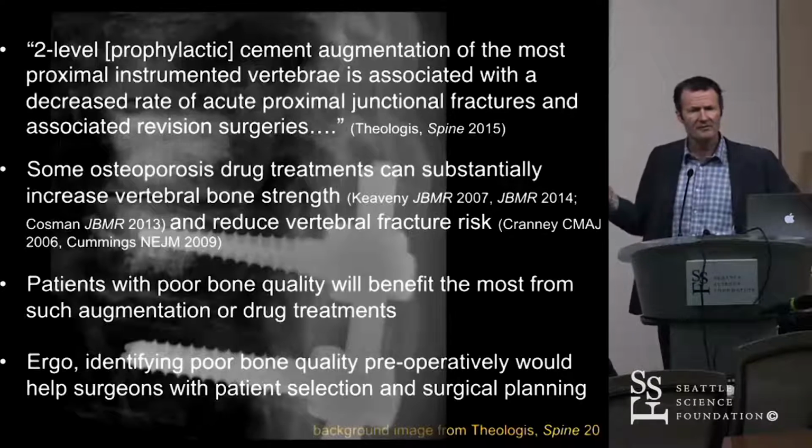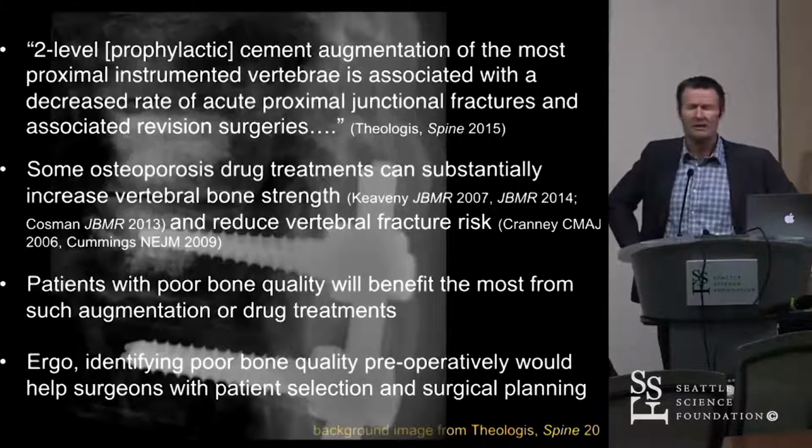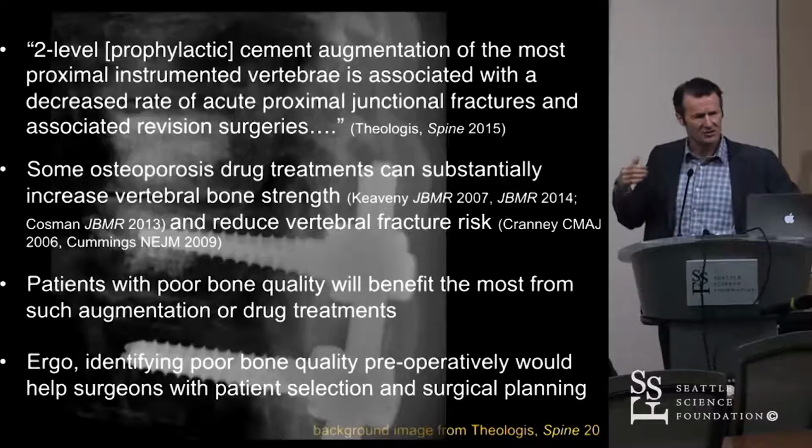So you have two different effects there. Treatments can reduce risk of fracture regardless of whether you're a fusion patient, and you can do something like a prophylactic vertebroplasty or kyphoplasty and try and stave off a potential proximal junctional fracture.